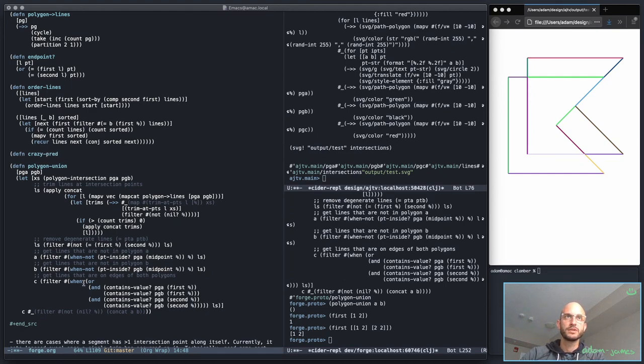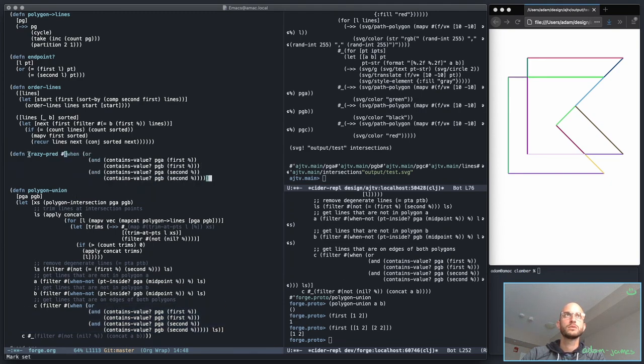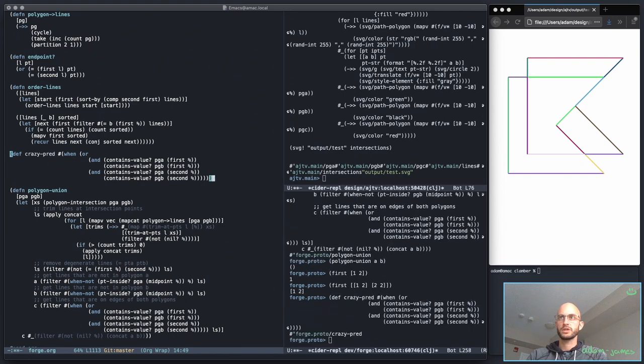Let's just turn this into a function of its own. I think that works. Does that work? Apparently it kind of does anyway.